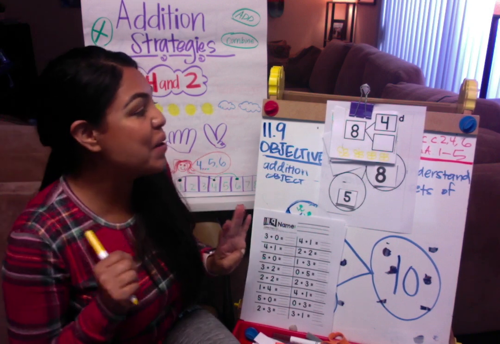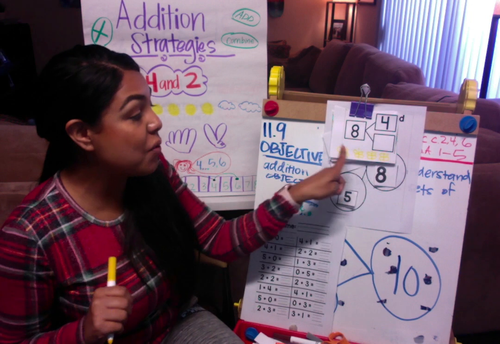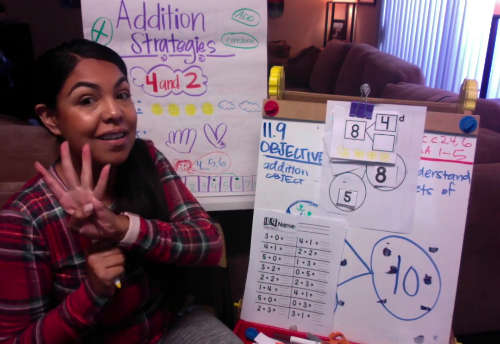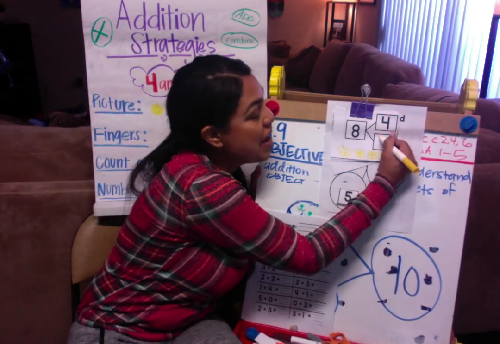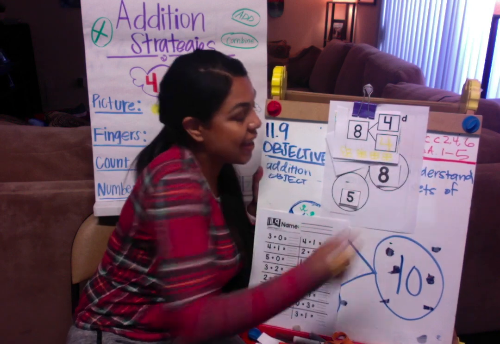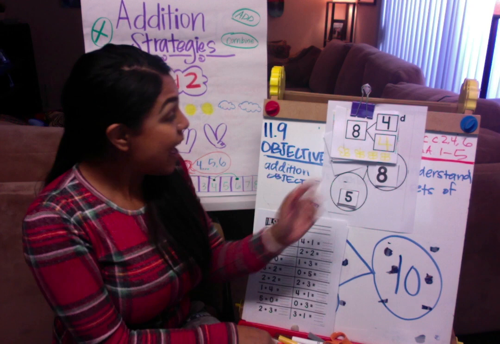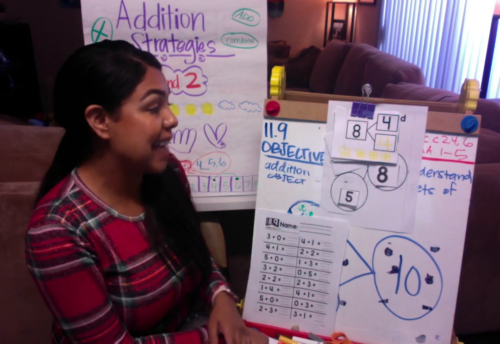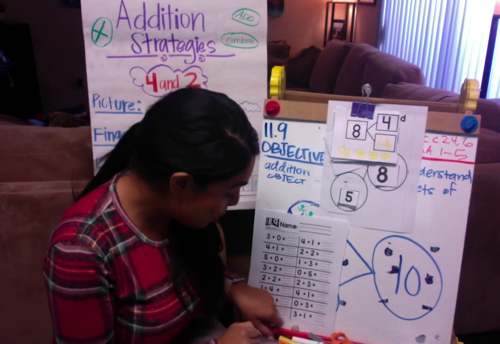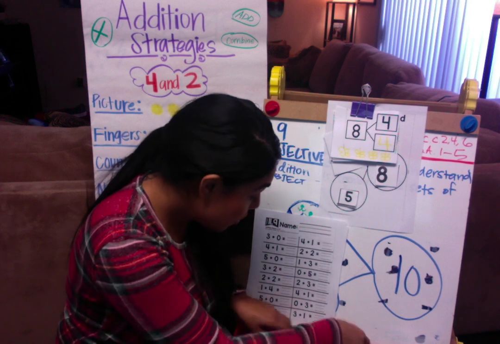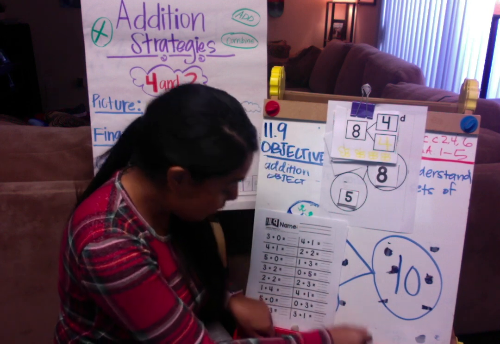So I know that I have 4 red, and now I know I have 4 yellow. Good job. So I'm going to draw with my yellow because that was the one I wanted to use in my story. I have 4 red and 4 yellow. Now, if it helps you, boys and girls, feel free to use any of your different colors that you want.